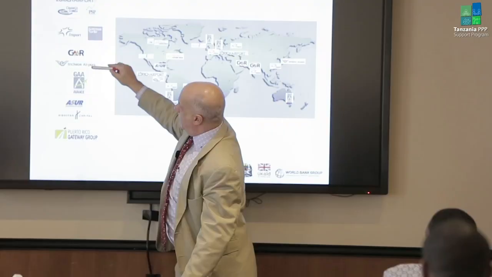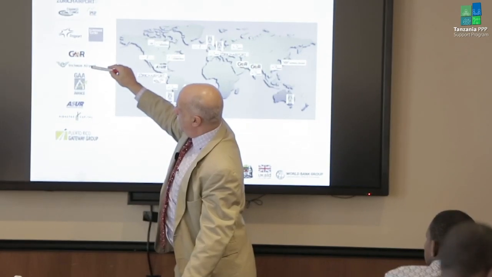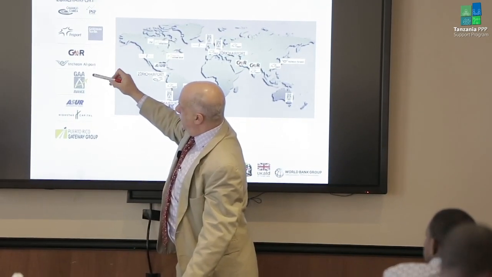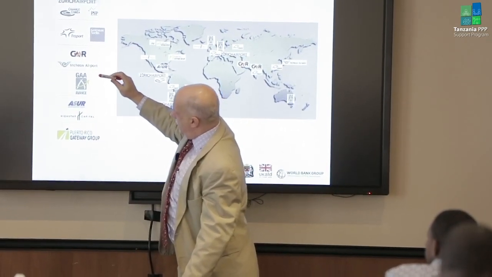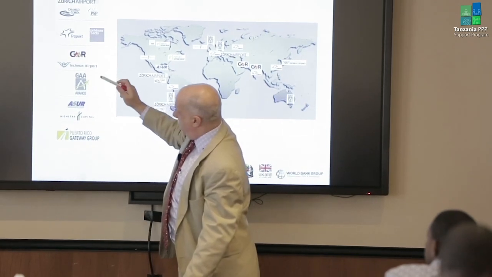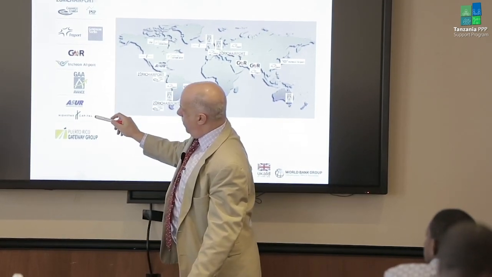From Zurich, from Germany, from India, together with South Korea. This is a group from Australia, Mexico, and New York City. And this one was also from the United States of America.